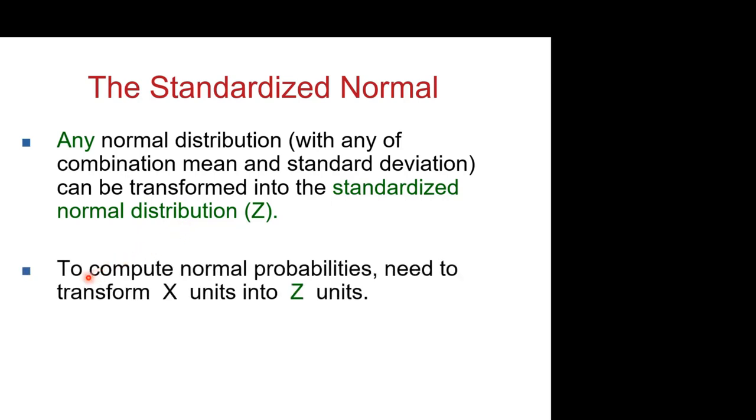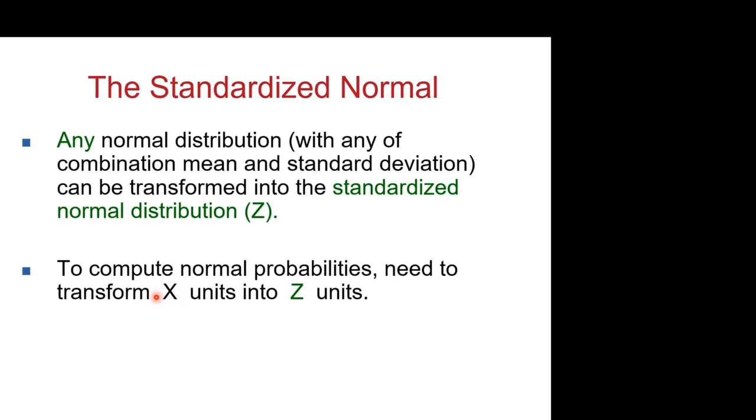So to compute normal probabilities, you need to transform the unit of X into Z units. Under any normal distribution, you can take any value of X. We have looked earlier at how the normal distribution is a continuous distribution for a continuous variable, and the units can be in millimeters, inches, kilograms, grams, and so forth.